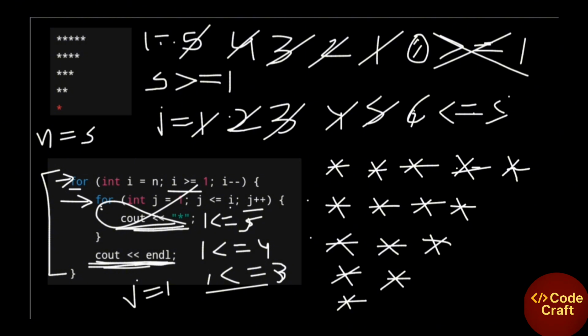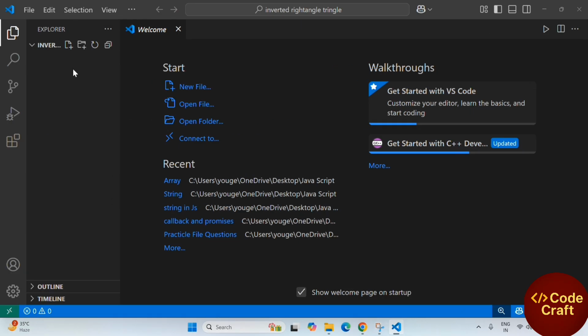Let's understand this code in Visual Studio Code. I opened my VS Code and created a file named inverted right angle triangle dot cpp.